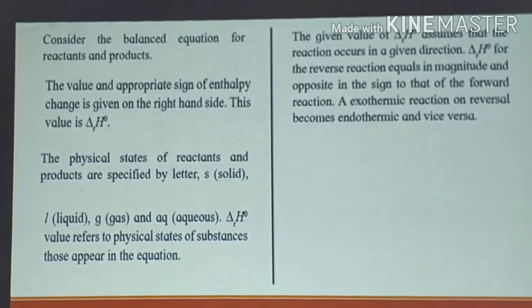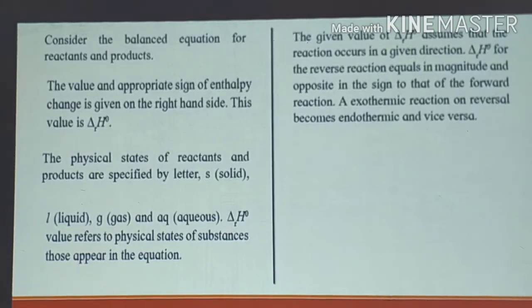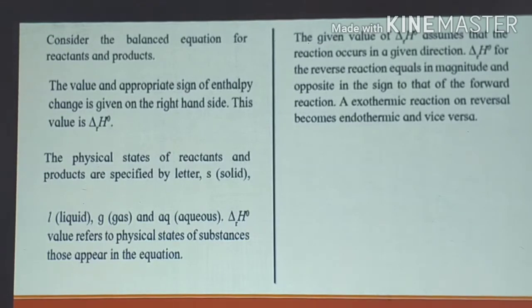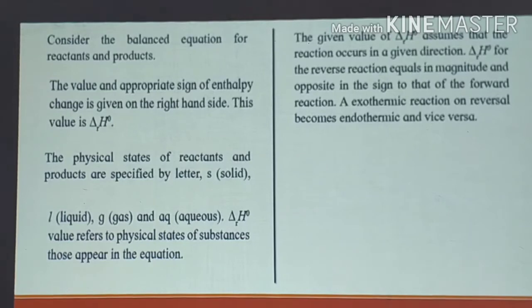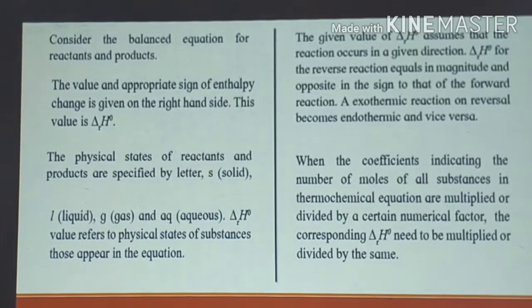The given value of standard enthalpy of reaction assumes that the reaction occurs in the direction indicated by the equation. The delta rH naught value for the reverse reaction, meaning the standard enthalpy of reaction for the reverse reaction, is equal in magnitude but opposite in sign to that of the forward reaction. Similarly, an exothermic reaction on reversal becomes endothermic and vice versa, because the magnitude remains the same, just the sign changes.